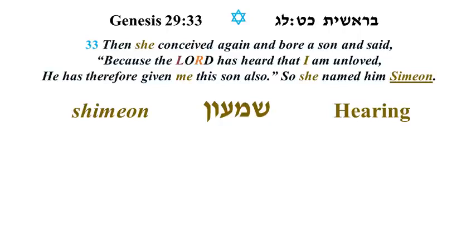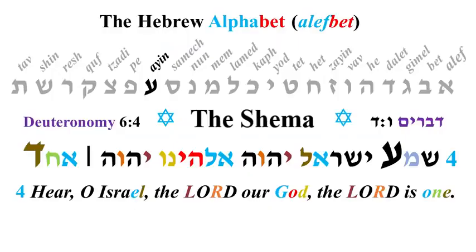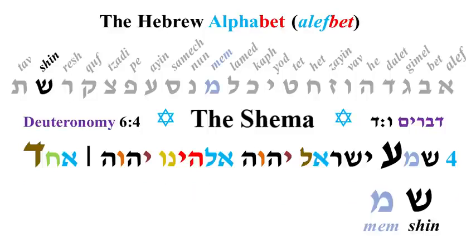And we have a very famous verse in Deuteronomy chapter 6, verse 4. The Jews call it the Shema, because the first word of this verse is Shema. What's clever about the Shema here is, here's a picture of it. Notice the first word Shema is Shin Mem Ayin.